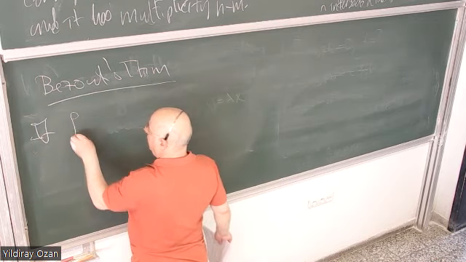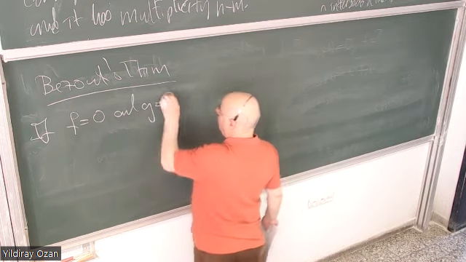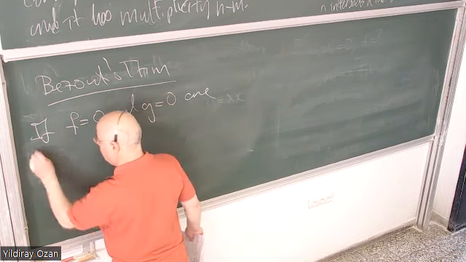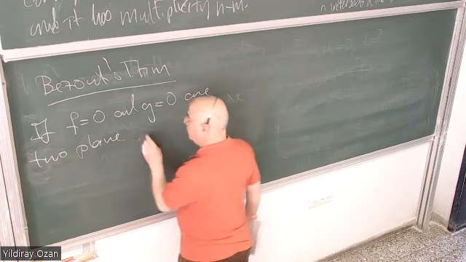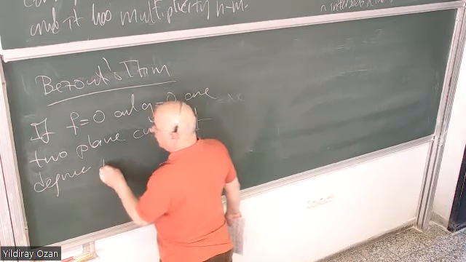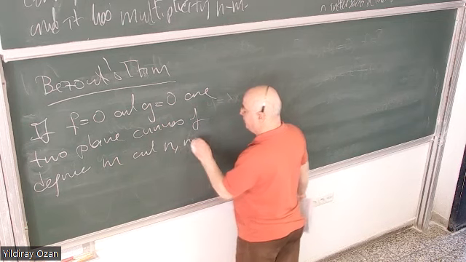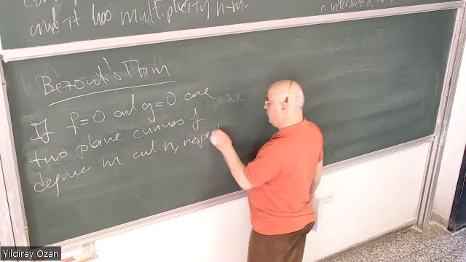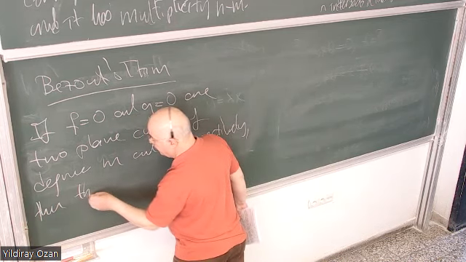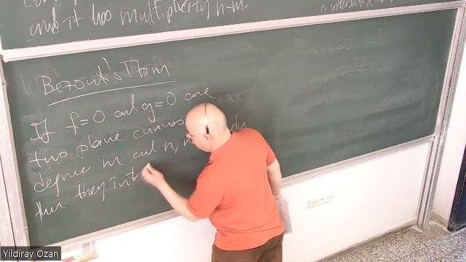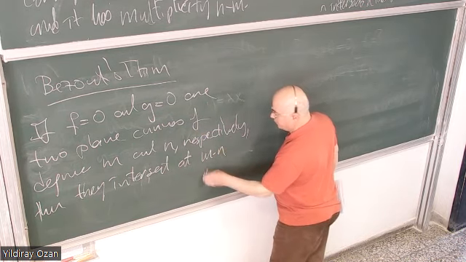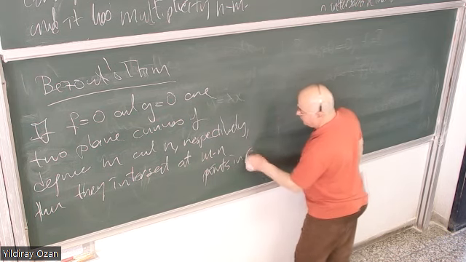If f equals 0 and g equals 0 are two plane curves of degree m and n respectively, then they intersect at m times n points in CP2.